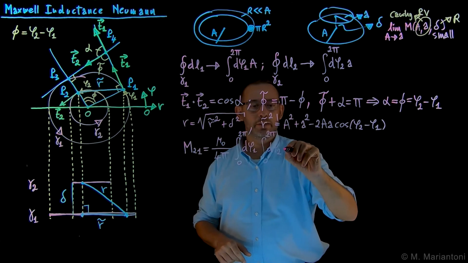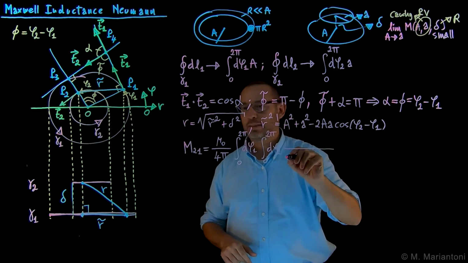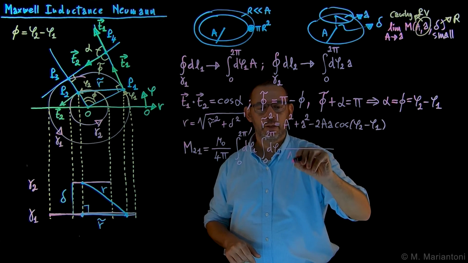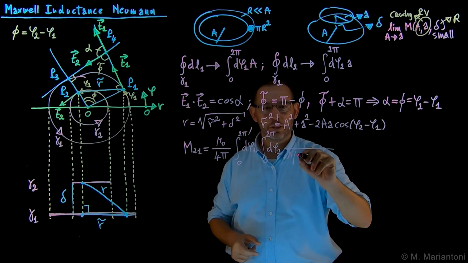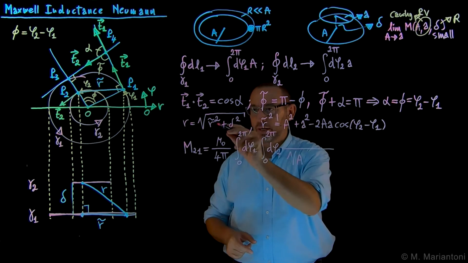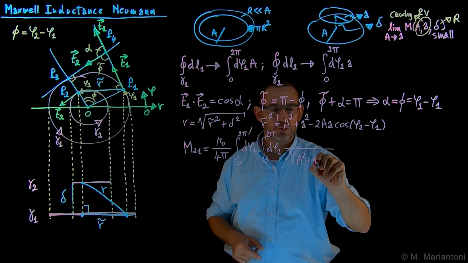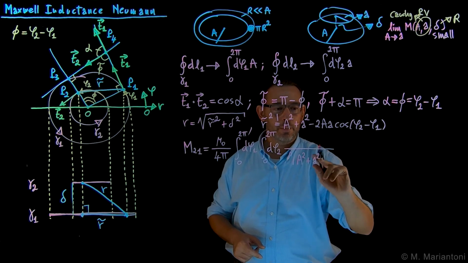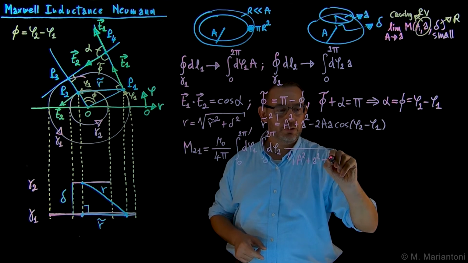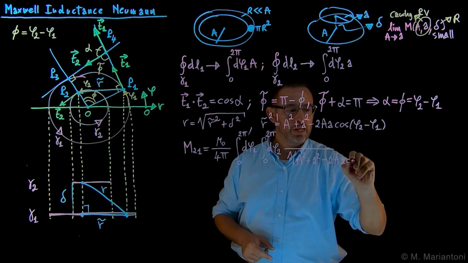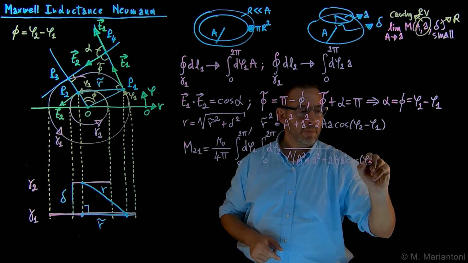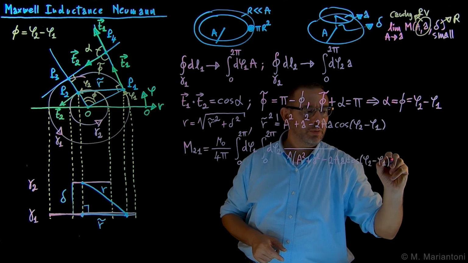And then we need, in the numerator of Neumann integral, well, let's look at the denominator, which is the longer one. So it's the distance r, which is actually r tilde square, so a square plus a square, large and small respectively, minus 2 times aa cosine of bar phi 2 minus bar phi 1 plus delta square.